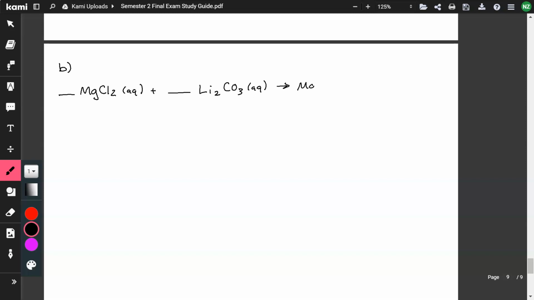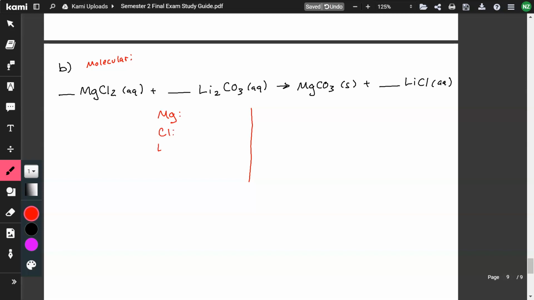We have MgCO3 solid, and we had LiCl aqueous. Okay, so that is our molecular, and we do need to balance this. So let's do that first. So magnesium, chlorine, lithium, and CO3.